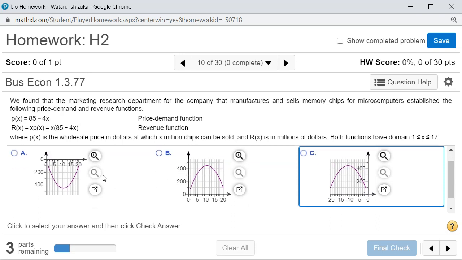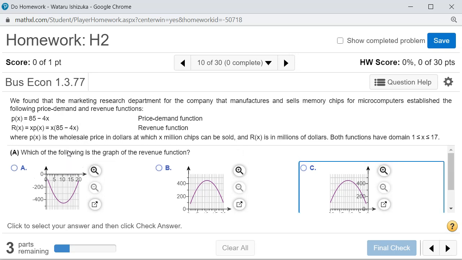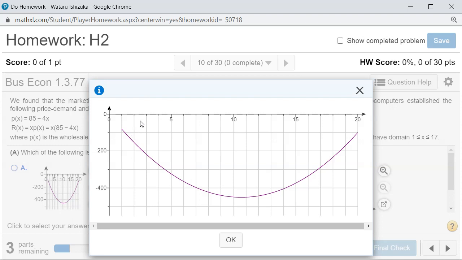And then we're talking about revenue. Hopefully revenue is going to be positive, and the x value is between 0 and 21, so the value is going to be positive. Definitely not A, because in A the revenue actually goes below the x-axis, which means it's negative, and we certainly don't want negative revenue.